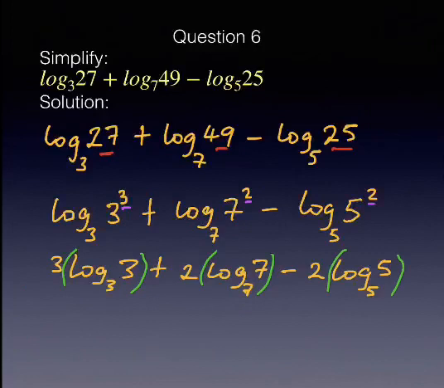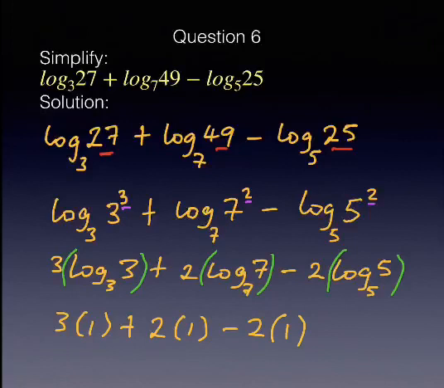Now, the first part, we have log 3 base 3. The outcome there is 1. So it's going to be 3 multiplied by 1, then plus 2 multiplied by 1, since log 7 base 7 is 1, then minus 2 multiplied by 1, which is coming from log 5 base 5.